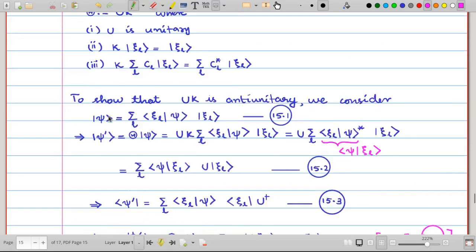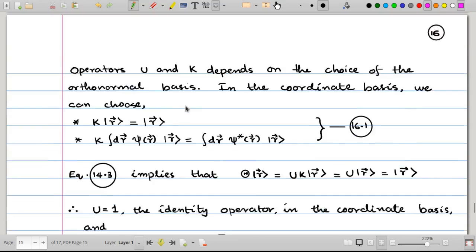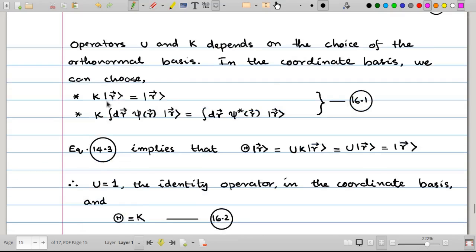So we have already seen here that we can choose the complex conjugation operator k to leave the basis vectors unchanged. So when we choose the position eigenvectors as the basis vectors, we require that k acting on the position eigenkets leaves them unchanged. That is, k acting on ket r is the same as ket r.